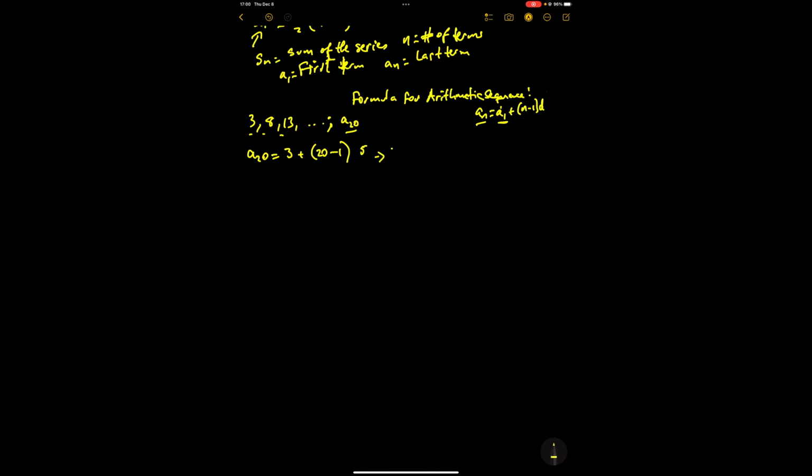So a sub 20 equals 3 plus 20 minus 1, which is 19, times 5. And 19 times 5 is 95, so that will be 98. So a sub 20 is equal to 98, and that would be your answer.